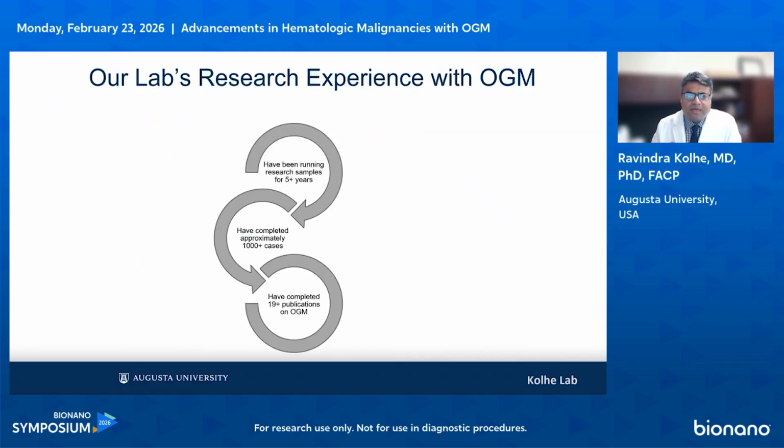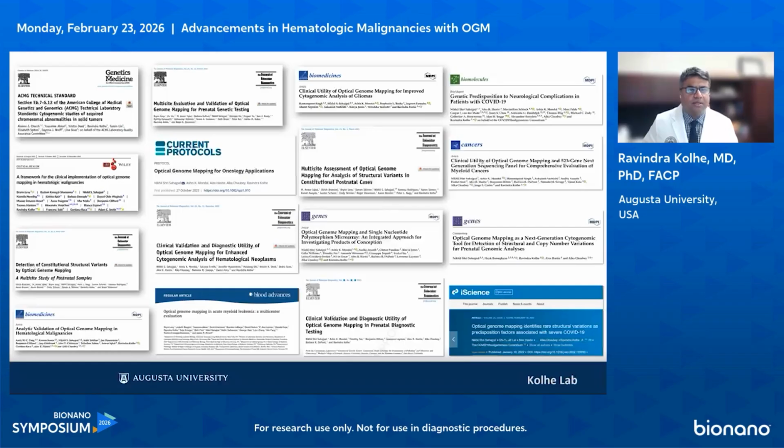In the past 5+ years, we have been running multiple research samples from all across the globe, and I think completed more than 1,000 samples, and published a decent number of papers in different phenotypes, including heme malignancies up to solid tumors, prenatal, postnatal cases, and multiple aspects of structural variant research in those samples.